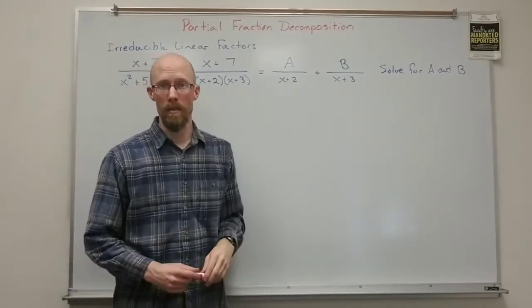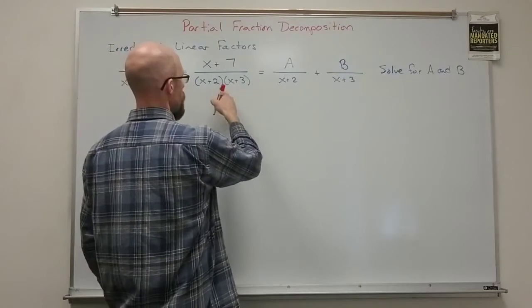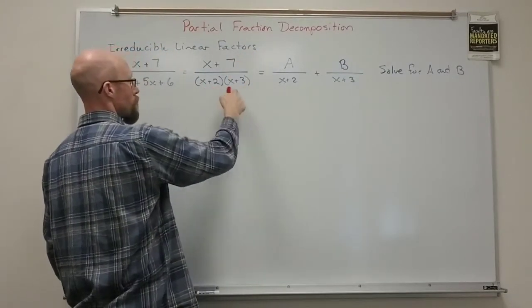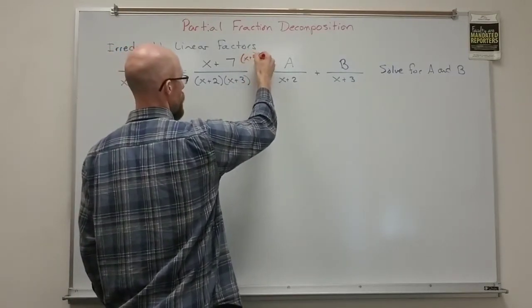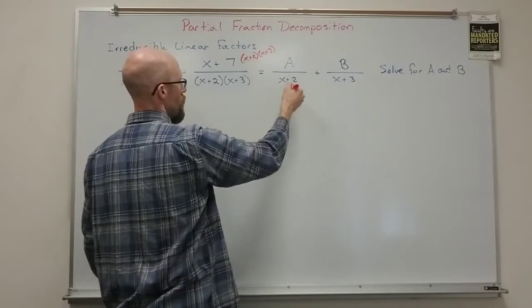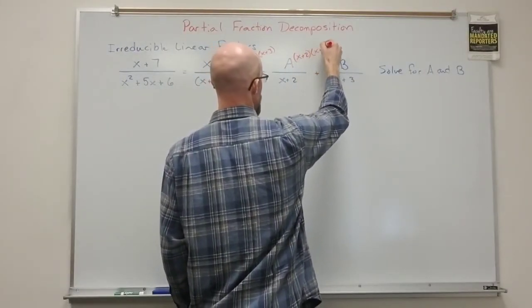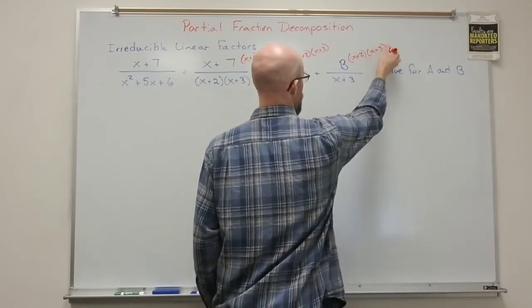common denominator, okay? If I were to do that, I'm going to multiply both sides by the product of x plus 2, x plus 3. So I'm going to do that on the left. I'm going to do that on each term on the right. All right?